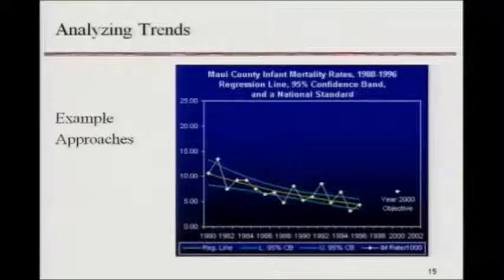I left the raw data there because, and I just used this internally with the EPIs or within the Title V program, I'm not sure this is what you would present to a broader audience. But in this kind of case, you really do want to see the real data.